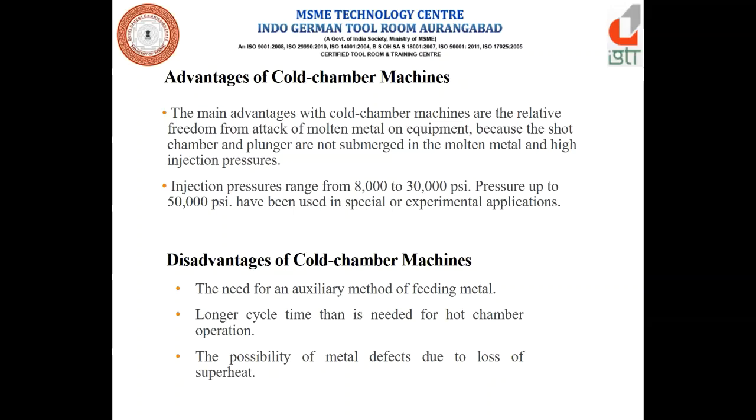Also, there are chances of the material coming in contact with air, and this will lead to porosity defects. Also, there is the possibility of loss of superheat. In between the process of transfer of material, the molten metal temperature may drop.